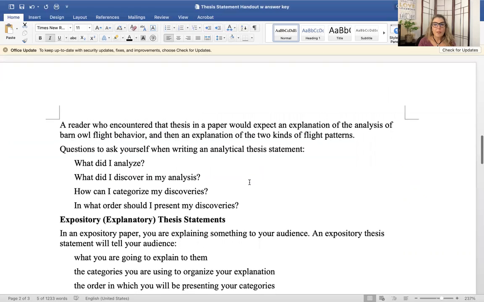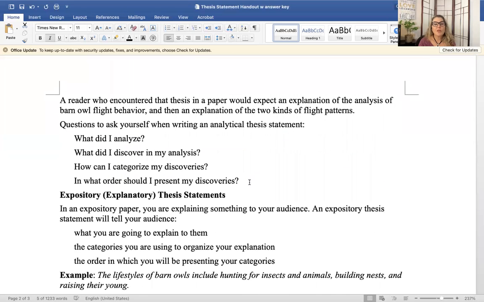Now, questions to ask yourself when you're writing an analytical thesis statement. What did I analyze? What did I discover in my analysis? How could I categorize my discoveries? And in what order should I present my discoveries? So this is maybe at the pre-writing or drafting stage when you're really putting those ideas together.